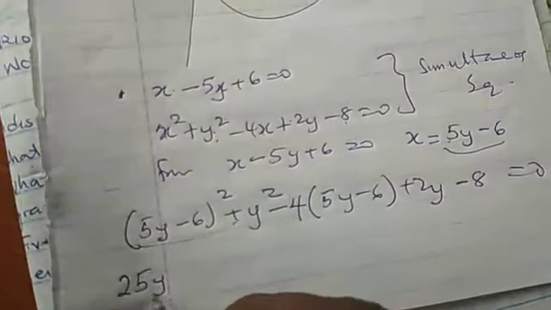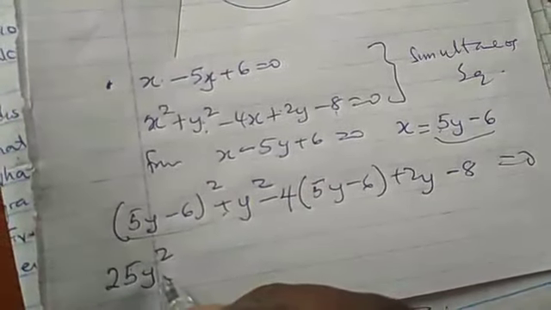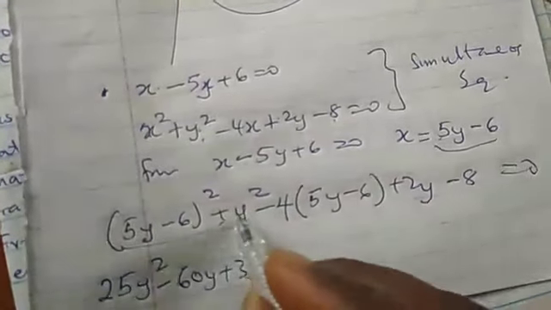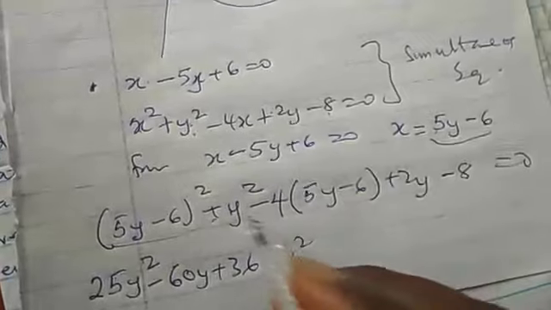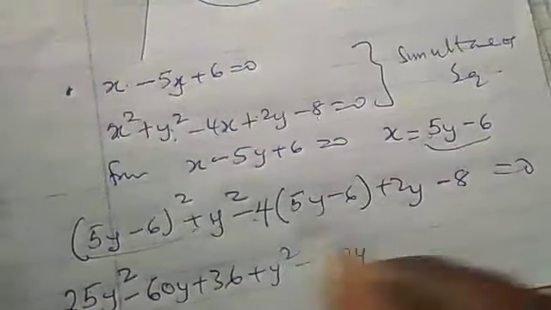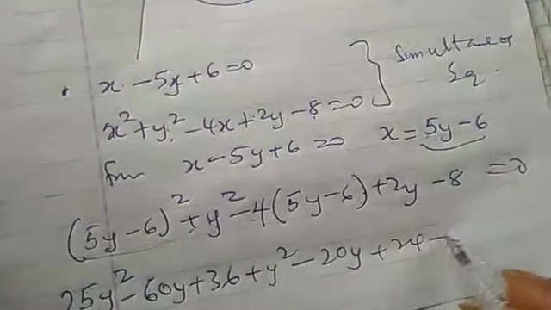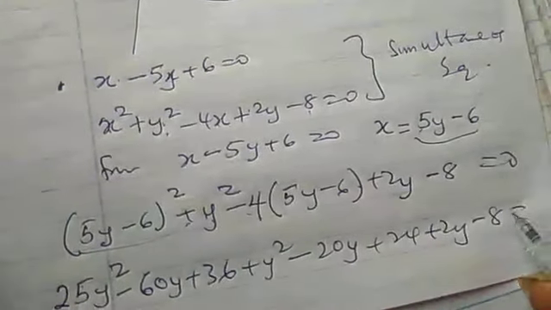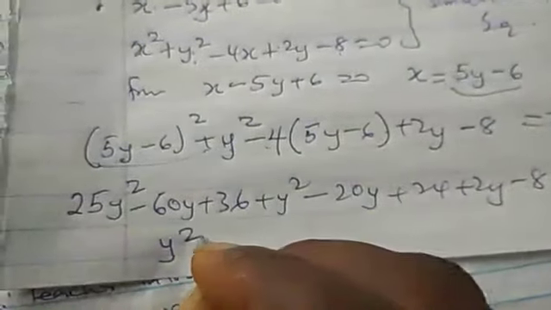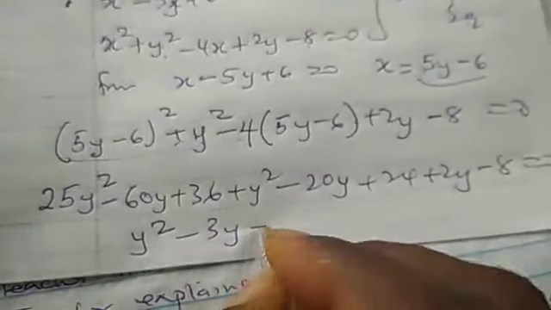This will give me 25y squared minus 60y plus 36, plus y squared, minus 20y plus 24, plus 2y minus 8 equal to 0. We simplify further, we should have y squared minus 3y plus 2 equal to 0.